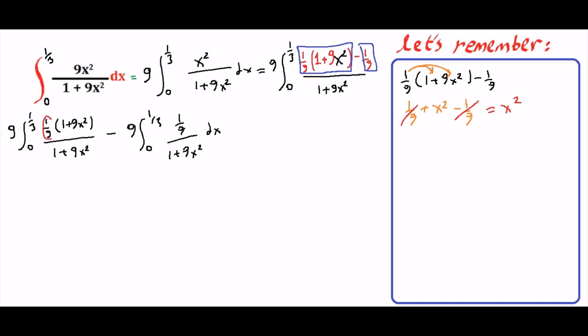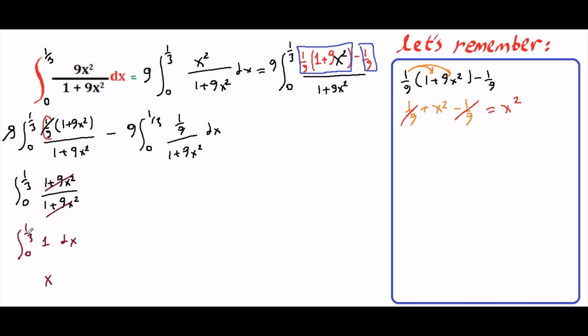Here we can pull 1 over 9 in front of the integral sign and multiply by 9, so it's going to be 1, so they cancel each other. So the integral from 0 to 1/3 of 1 plus 9x squared over 1 plus 9x squared. And we know that anything divided by itself is 1, so the integral from 0 to 1/3 of 1 dx, the antiderivative of 1 with respect to x is just x.